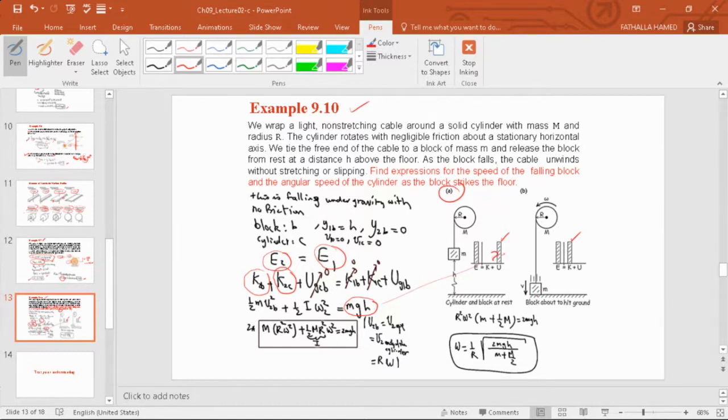When it comes to hitting the ground here, you have the kinetic energy of the block, which is 1/2 m v2b squared, and that's v for the block, plus 1/2 I omega 2 squared, and that's the rotational energy of the cylinder. The potential energy of the block will be 0 because you can choose y here to be equal to 0.